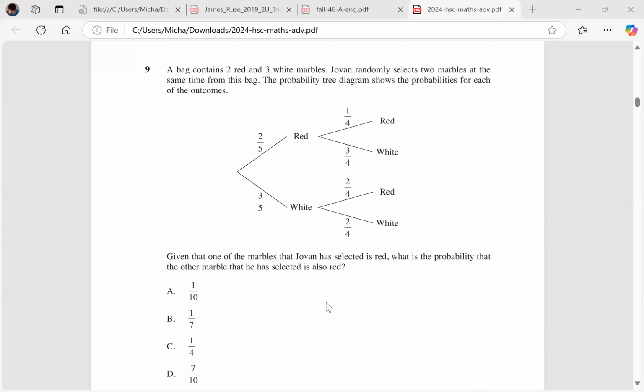I guess you could have. There's also two. Well, you could have picked either of the red ones as well.